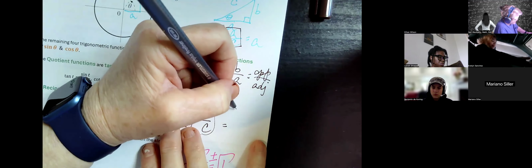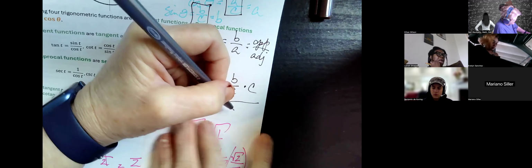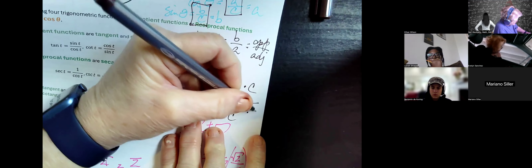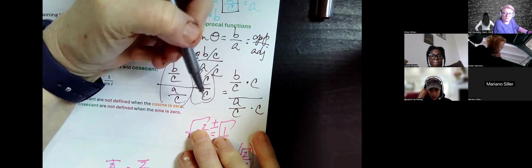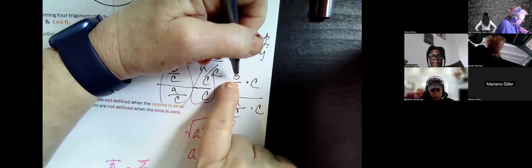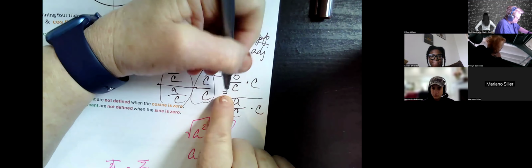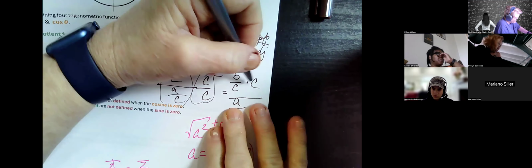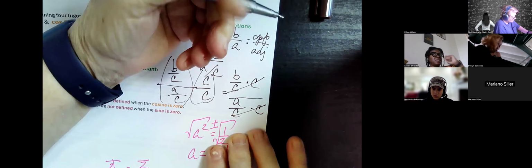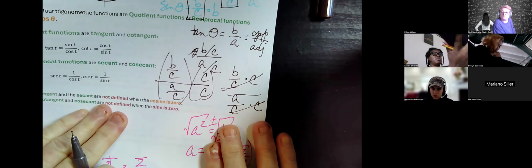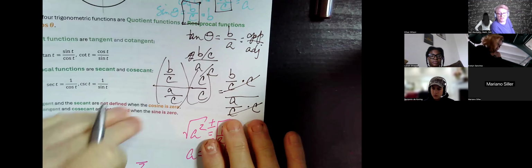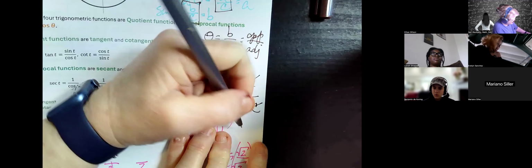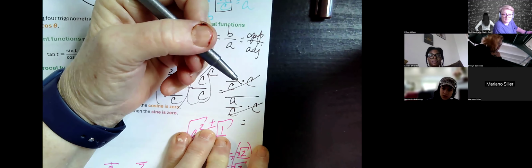So we've got B over C times C, and we've got A over C times C. What I mean by divide rather than multiply is, instead of multiplying BC and then reducing by C, we're just going to think of this as the C's crossing out. And so what do we end up with? B over A.